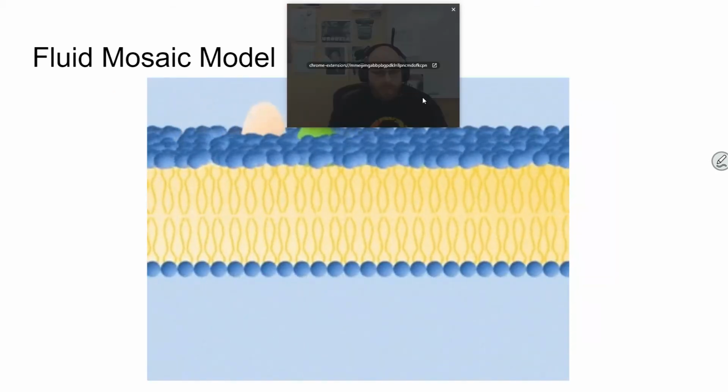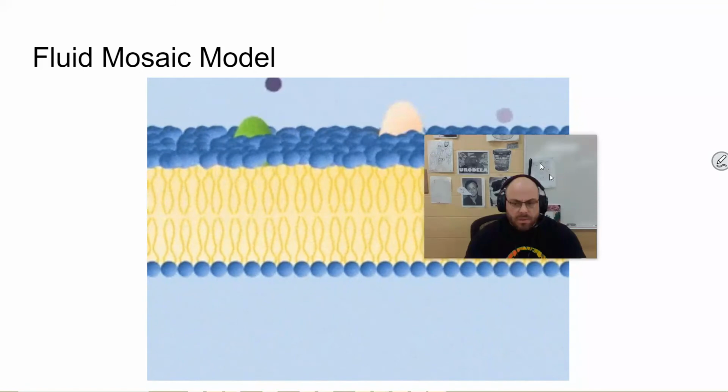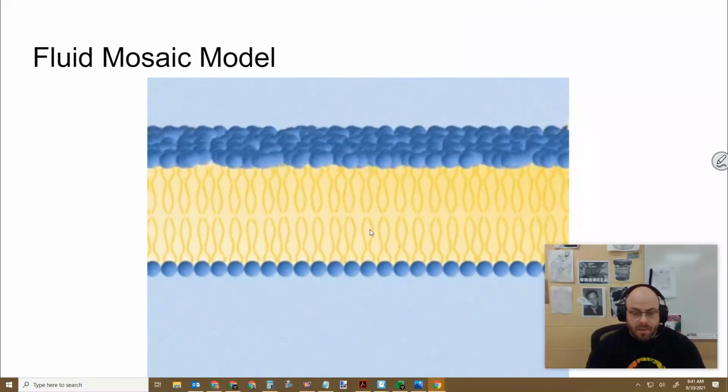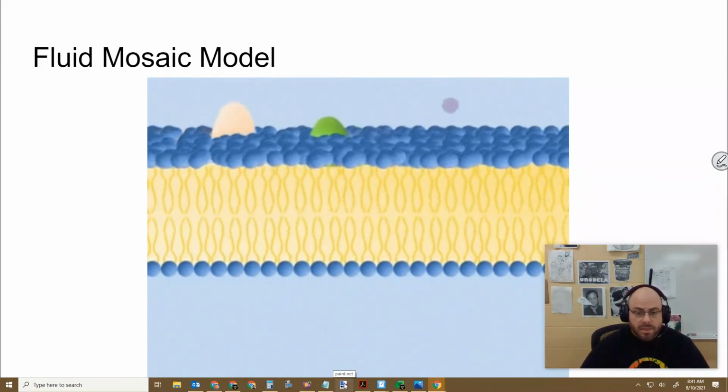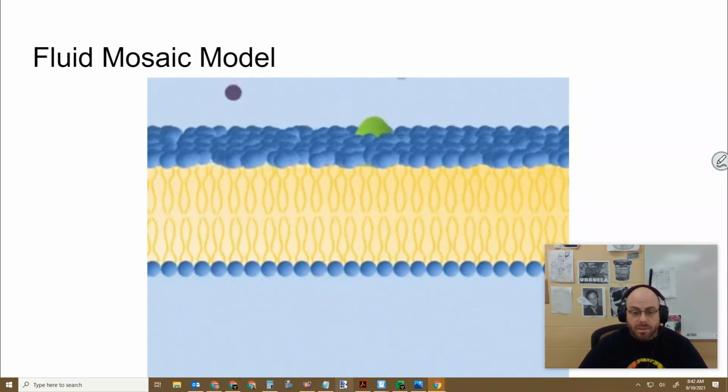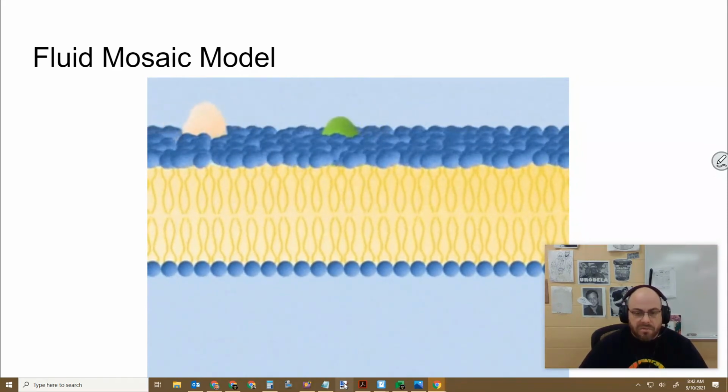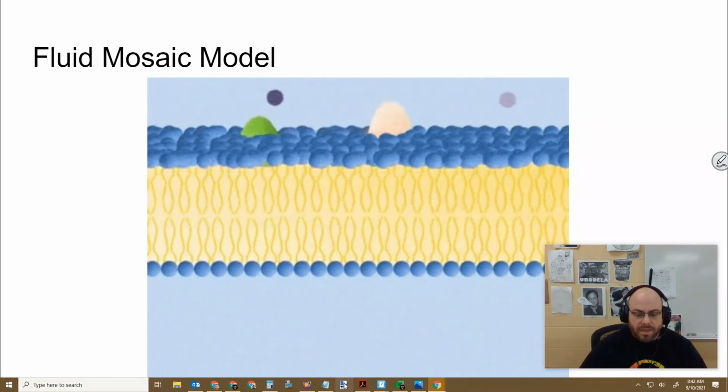And so next we're going to look at this idea of the fluid mosaic model. In this picture, you can see the phospholipids are moving around. You can see something that looks like an egg going by, and a green egg going by too. Those are representative of proteins in the plasma membrane.